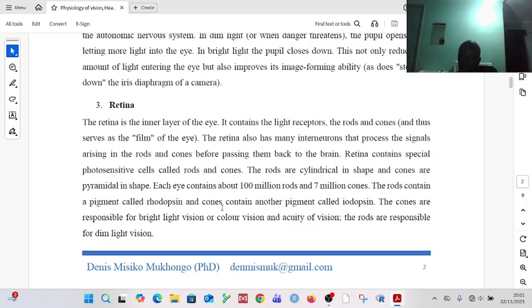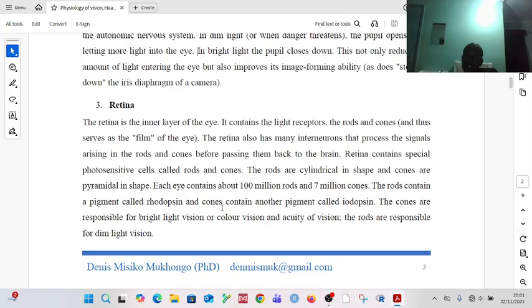Each eye will have 100 million or thereabouts of rods and around 7 million cones, meaning we have more rods than cones.